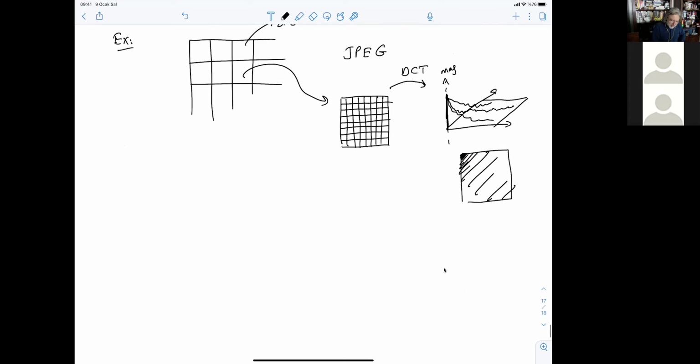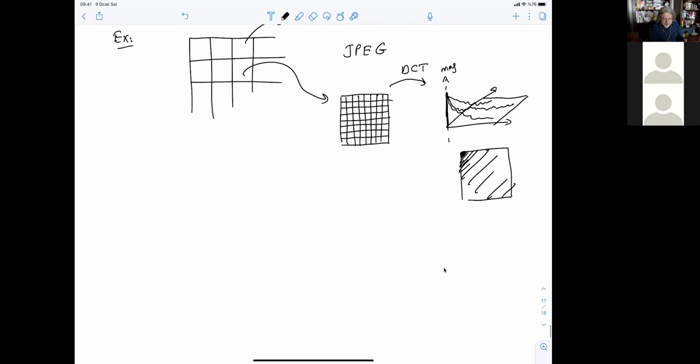Okay, so in JPEG, we do DCT and the top left corner becomes large. And for the compression of this, some fancy things are done, like zigzag ordering.